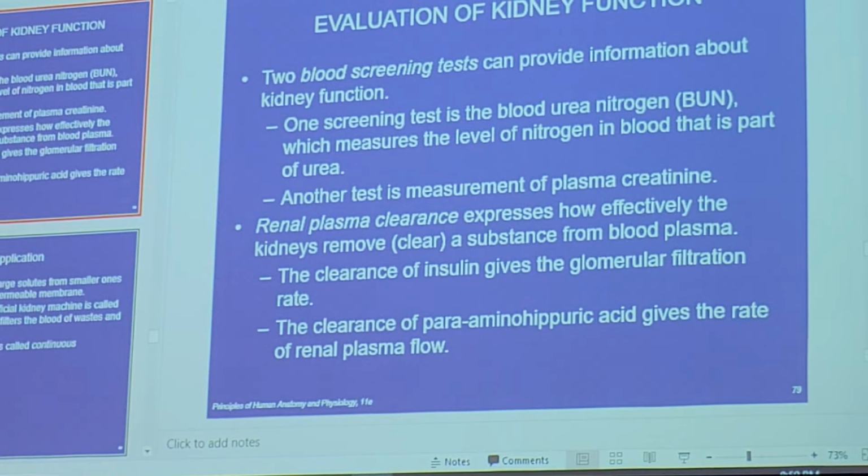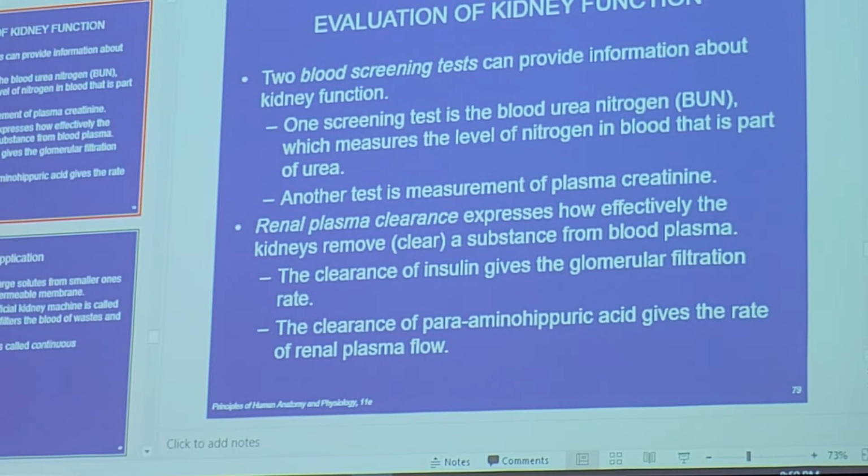We measure the creatinine. Creatine phosphate is one of those substances where we are moving the inorganic phosphate along, even when we're looking at ATP. So it is involved with the muscles, okay?